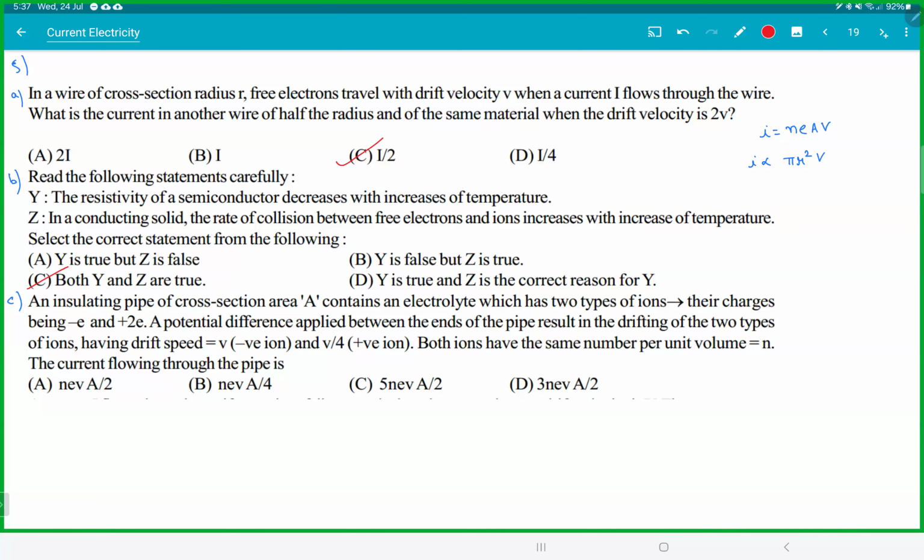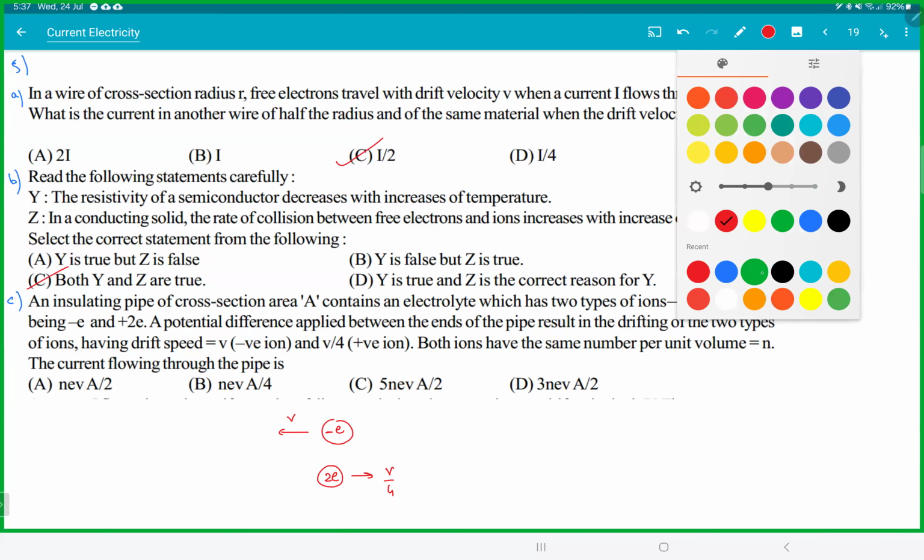An insulating pipe of cross-section area A contains an electrolyte which has two types of ions. Charge is minus 2e, the potential difference applied between them. So minus e is going with V and 2e is going with V by 4.